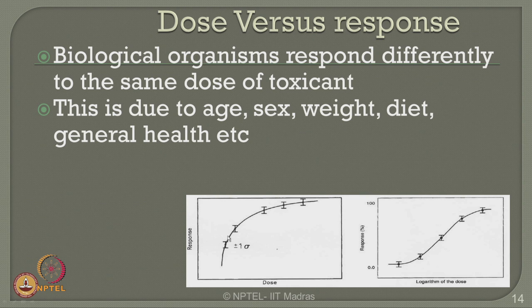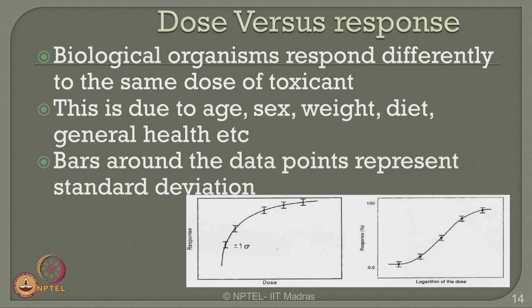One is a normal plot which shows the standard deviation, and these bars are all the variations along the line, and the curve is plotted along its mean. The other plot is a logarithmic variation of the dose versus response in percentage varying from 0 to 100. Now, based on these two curves, we are going to define the acceptable standards of dose response on biological organisms.